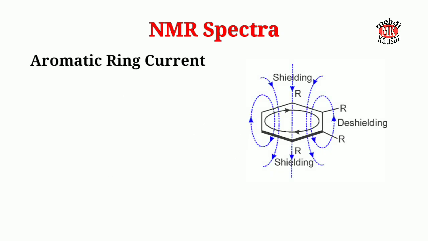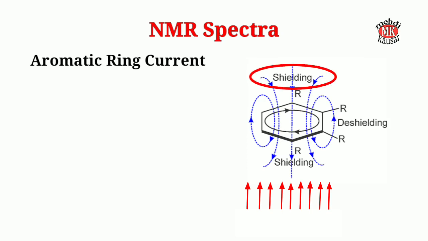Now let us discuss the fate of an aromatic proton in presence of an external magnetic field in NMR spectra. In case of an aromatic proton like that in a benzene ring, the induced field opposes the applied field in the center of the ring, so we observe a shielding effect.